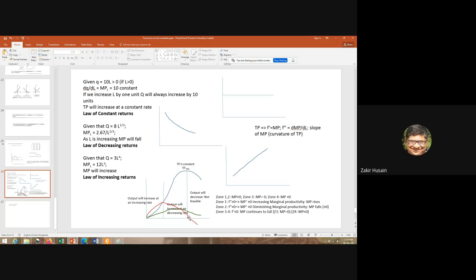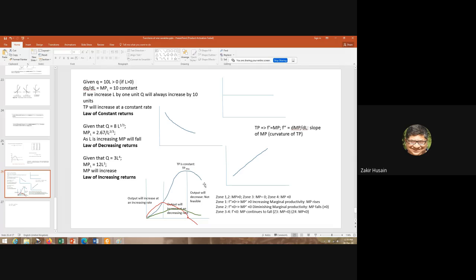So we are simply showing this relation. Here AP is rising, so MP is basically AP plus something. Here it is AP minus something. That is why MP is below AP.